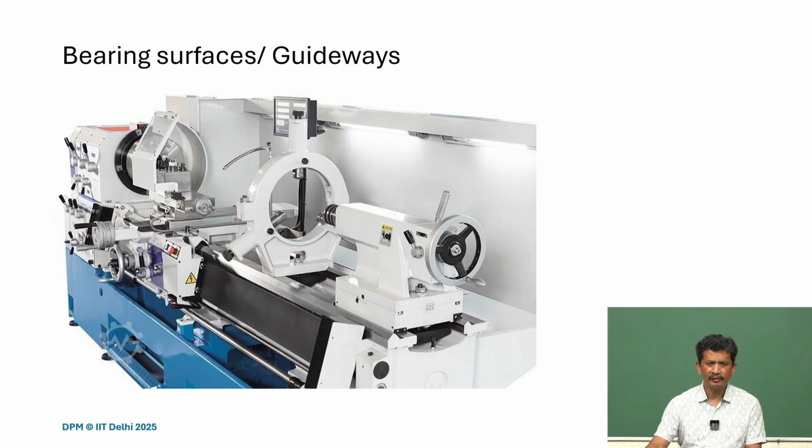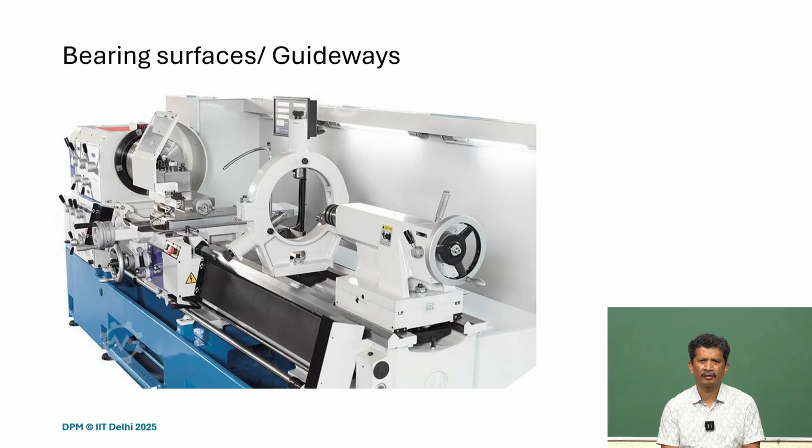One element, when we look at all these products or machines and what enables us to produce them with higher precision, is that we recognize we cannot eliminate motions. There will be relative motion between different components and modules.